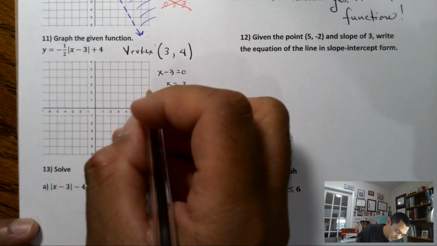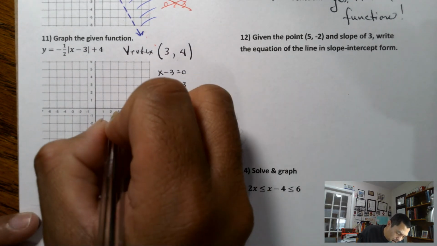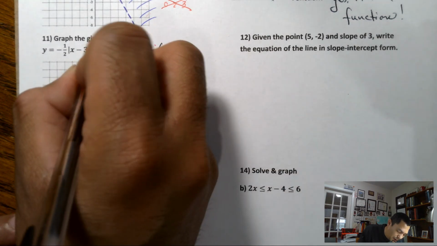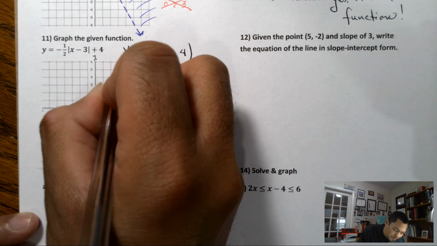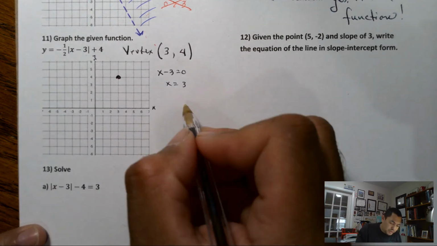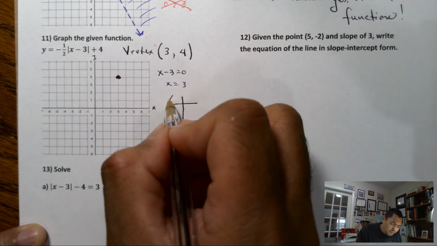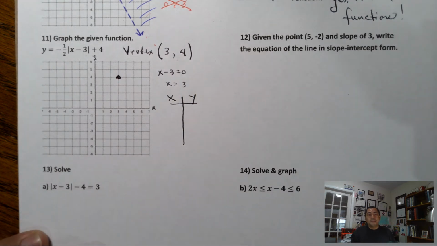So the vertex is 3 and 4. So I go 3 in x, this is y. So 3 in x, 4 in y, so it's here. That's where your graph is going to start. Now I'm going to do a small table where I'm going to find the values of x and y.